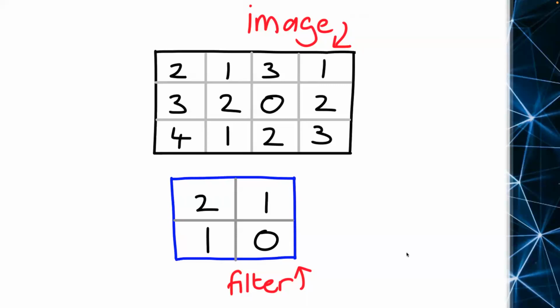That gave me 7. Moving to the last stride, I had 3 times 2 plus 1 times 1 plus 0 times 1 plus 2 times 0, and that gave me 7.